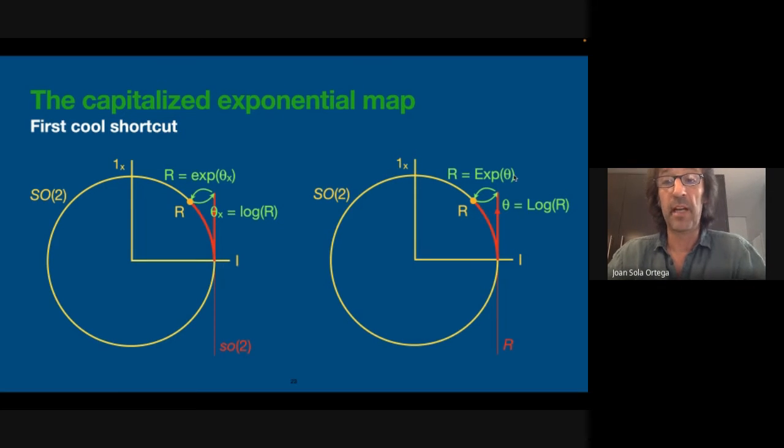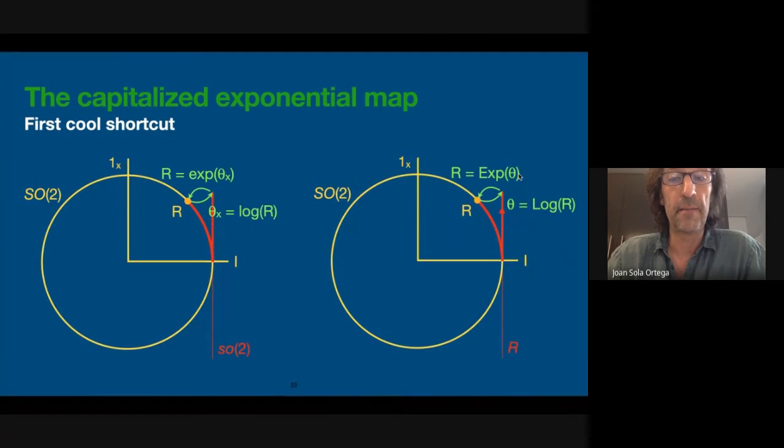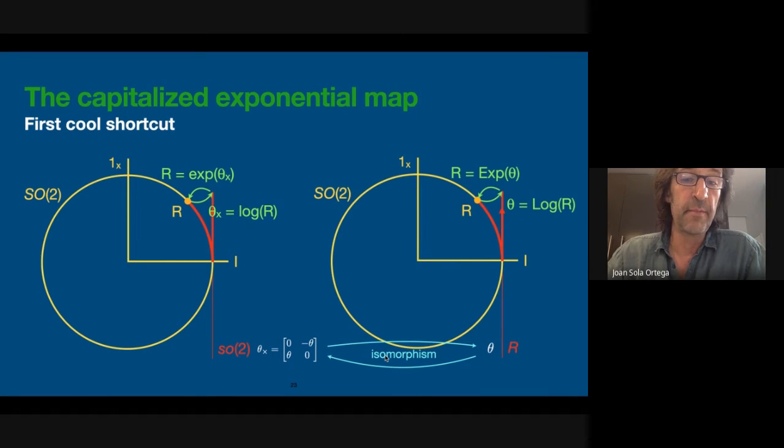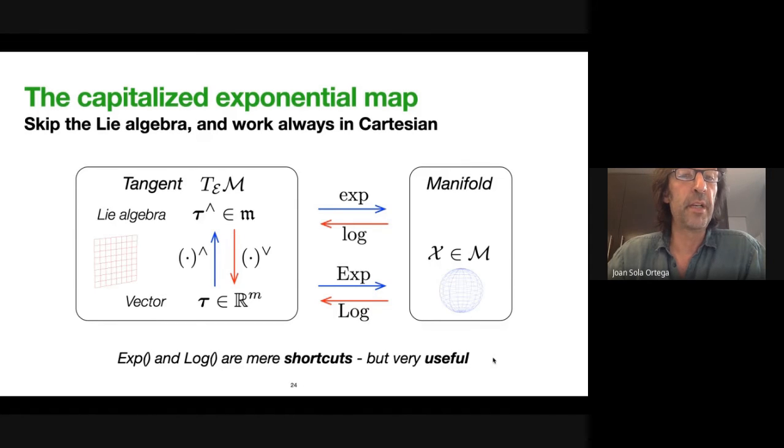And the exponential, of course, is this little matrix, cosinus minus sinus, sinus cosinus. This is the same as saying that we have an isomorphism between the elements of the Lie algebra, which are weird, and the elements of the Cartesian representation of the Lie algebra, which are very nice, just one number here. This can be summarized in this little sketch.